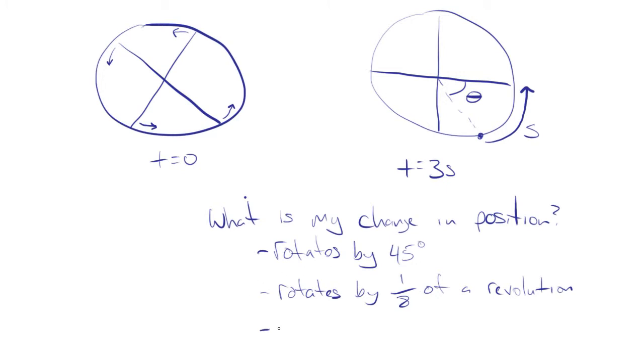Alternatively, I could say that we move by a distance s. In this case, if that's 45 degrees and I give you some radius, maybe that radius is 39 meters. Just throwing a number out there.